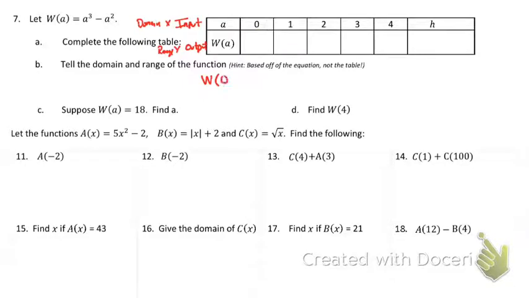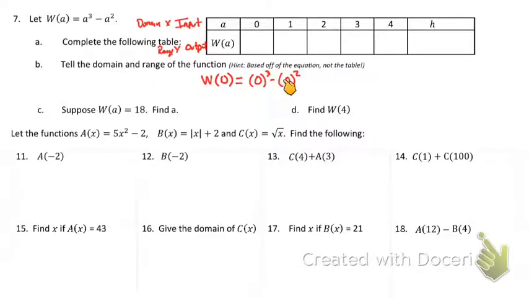So function W plugging in 0 equals, instead of A, it's 0 to the third minus 0 to the second. Notice when I plug in, I always use parentheses.